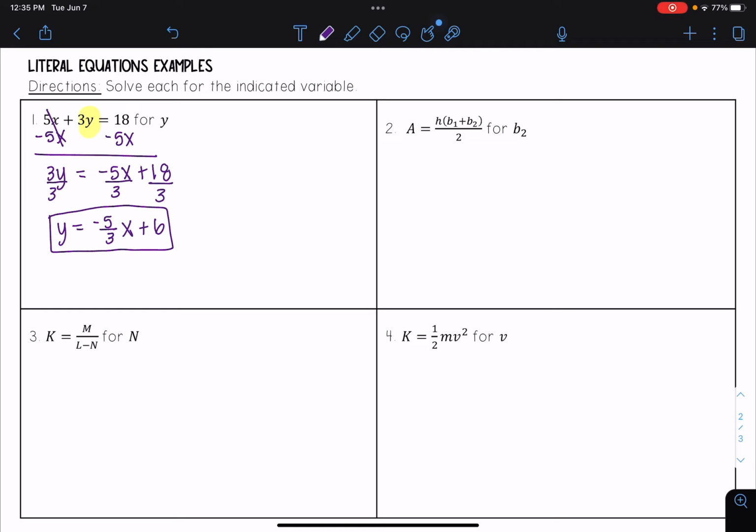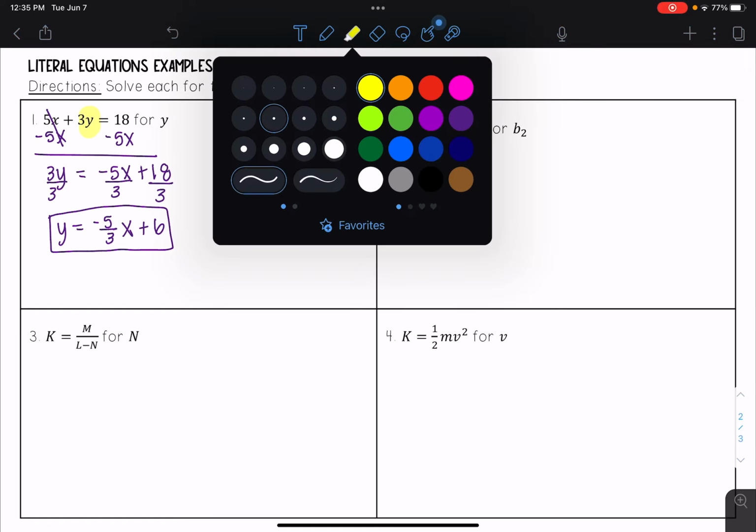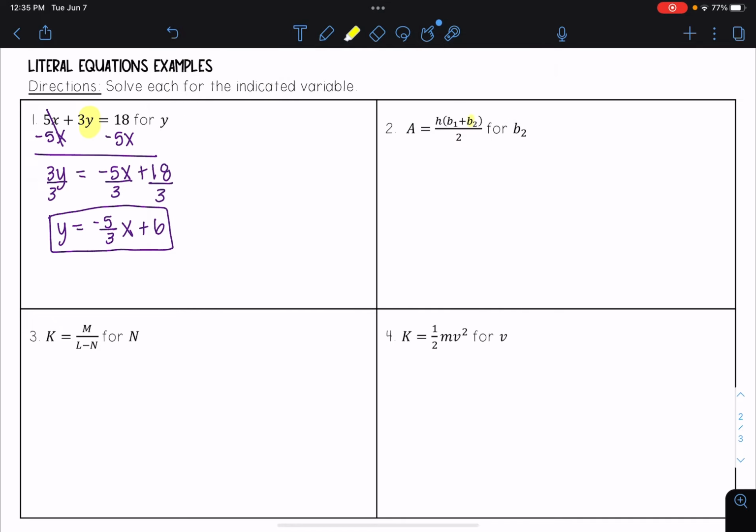Okay, let's look at another one. So here I have the area formula for a trapezoid, and that is that A is equal to h times (base 1 plus base 2) all over 2. And here I'm wanting to solve for b2. So here's one of those instances where we're actually going to want to multiply first.